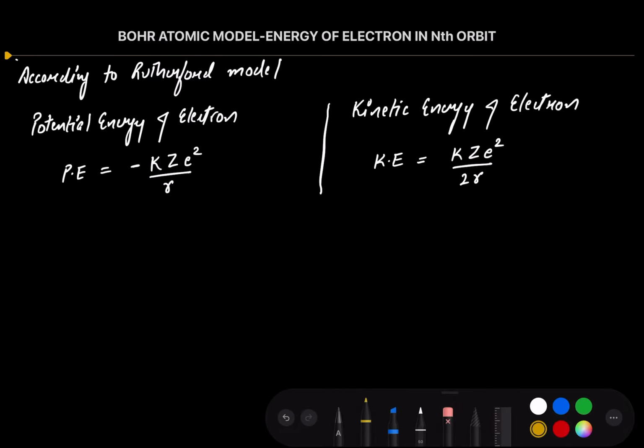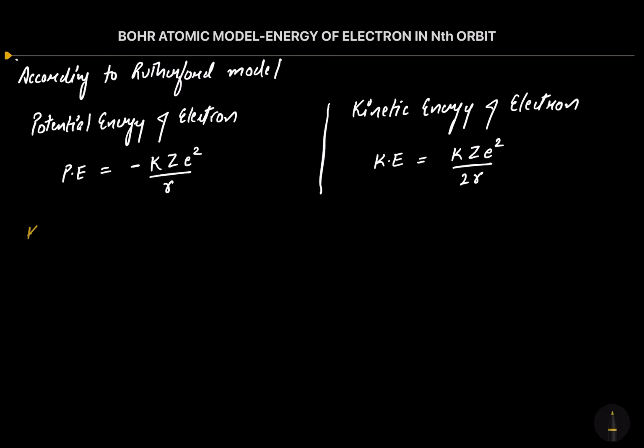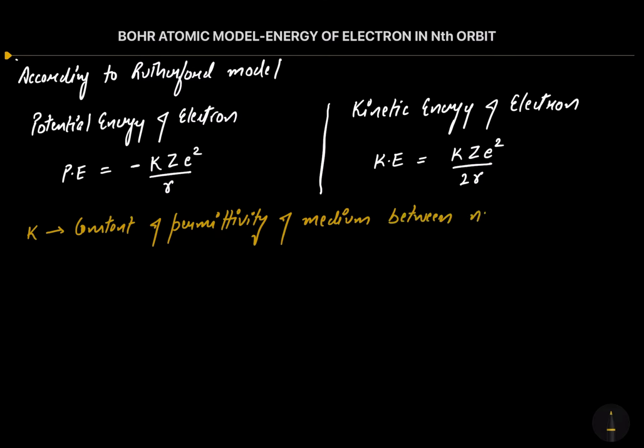So what are these terms? First of all, what's k? K is the constant of permittivity of medium between nucleus and electron. What's Z over here?